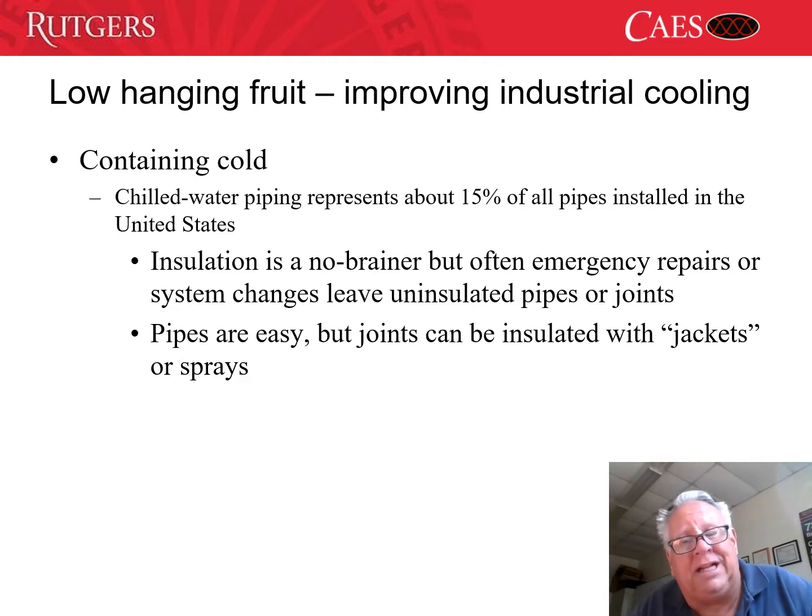You'll find in plants it's not 50%, it's 15%. But insulating them is a no-brainer. Problem is not usually the long runs of pipe, but the joints and valves and things that you see, which are often left uninsulated. And this is something that you might pay attention to if you're doing an assessment.